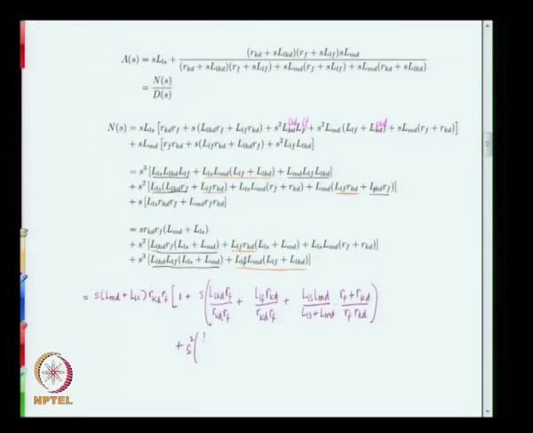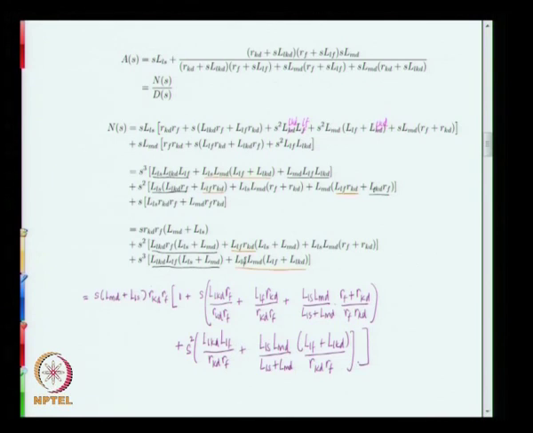What you have is LLKD LLF by RKD RF, and then you have LLS LMD by LLS plus LMD multiplied by LLF plus LLKD by RKD RF. So, that is your S square term, and in that manner.